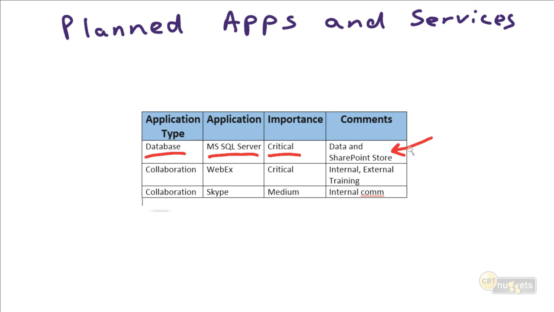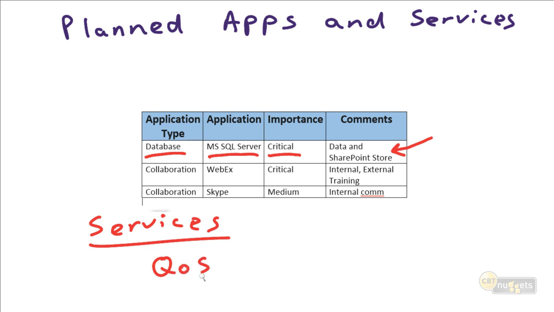Now, when it comes to the planned services, that'll be a much simpler table, right? Probably something along the lines of, okay, you folks want QoS. Why do you want QoS? So we'll have one column for the service most likely, and then one column of comments. They want QoS because they're concerned about voice over IP bottlenecks, for instance, in the network infrastructure.